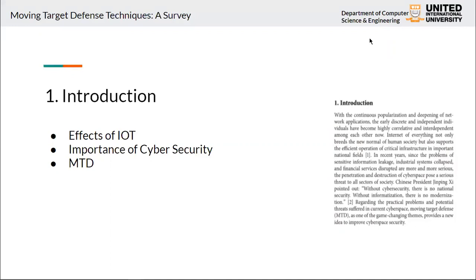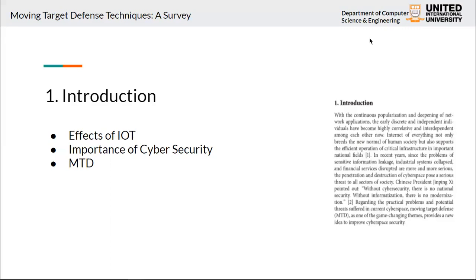But after the certain effects of IoT, they have raised a very sensitive point, and that is the importance of cybersecurity. While describing cybersecurity, they have mentioned a quote from Chinese President Xi Jinping. The quote is, "Without cybersecurity, there is no national security. Without informatization, there is no modernization."